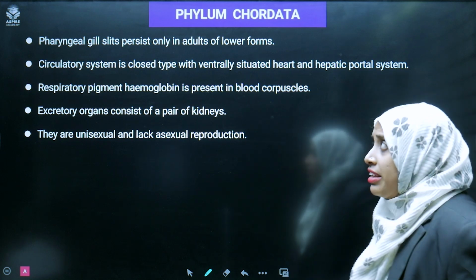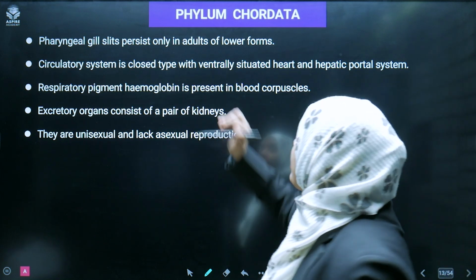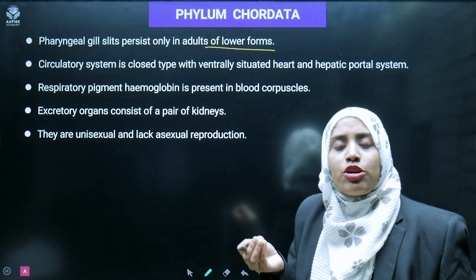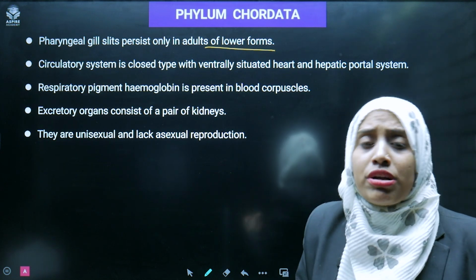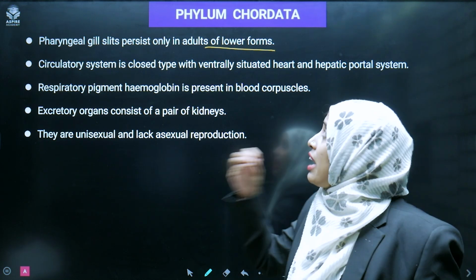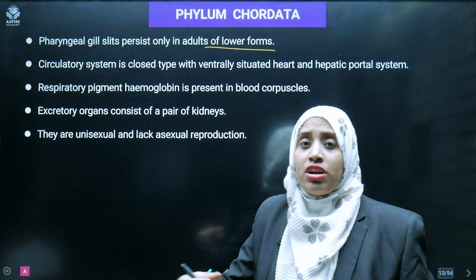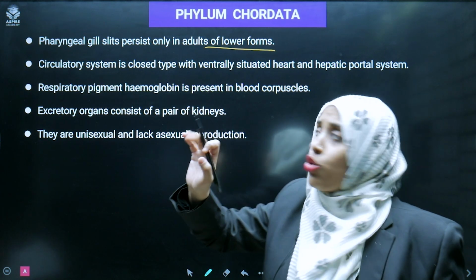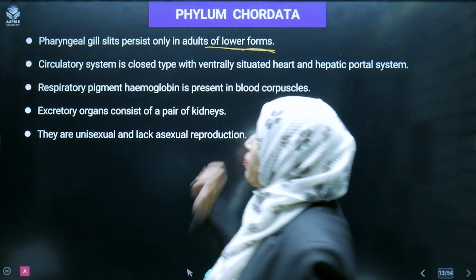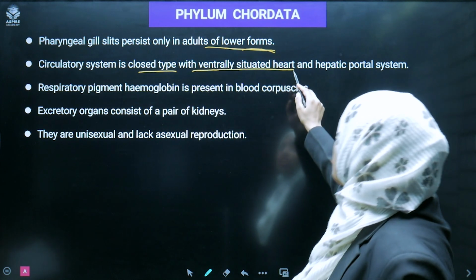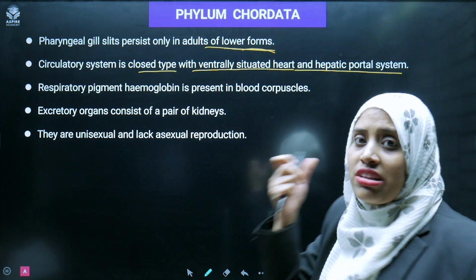Now, pharyngeal gill slit persist only in adult of lower forms. ठीक है, pharyngeal gill slit होगा पर higher, जैसे we human birds, ठीक है, we are the higher chordates है, ठीक है, chordate vertebrates में भी we are the higher most, ठीक है। So pharyngeal gill slit होगा किन में, होगा lower forms में। Circulatory system closed type with ventrally situated heart and hepatic portal system is there.